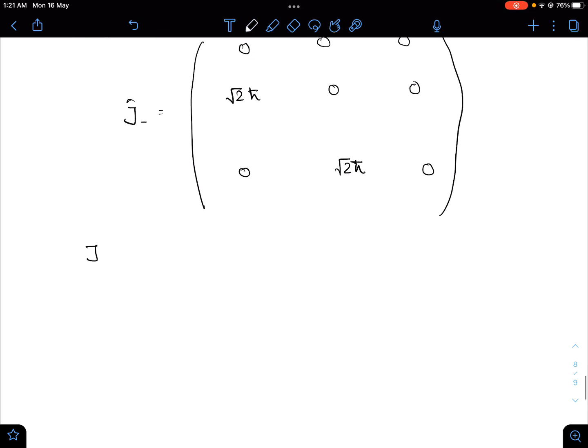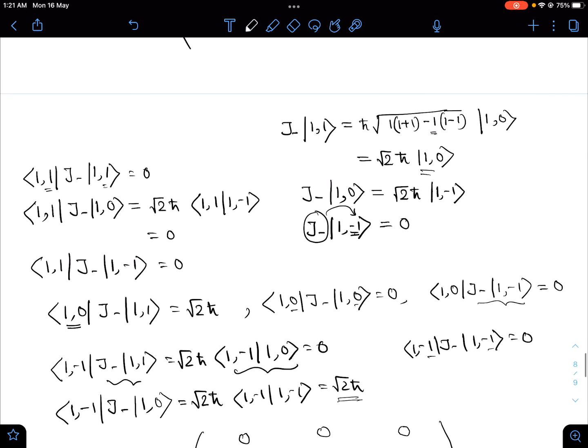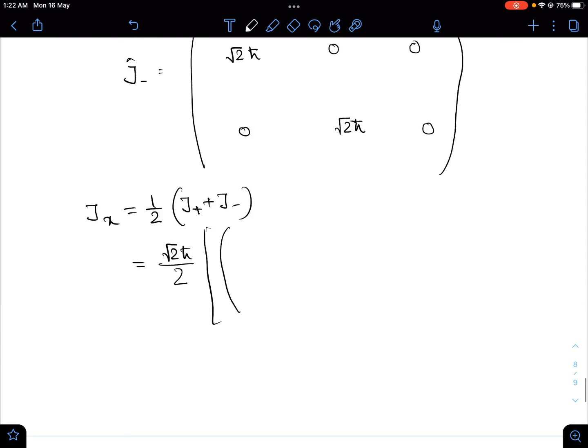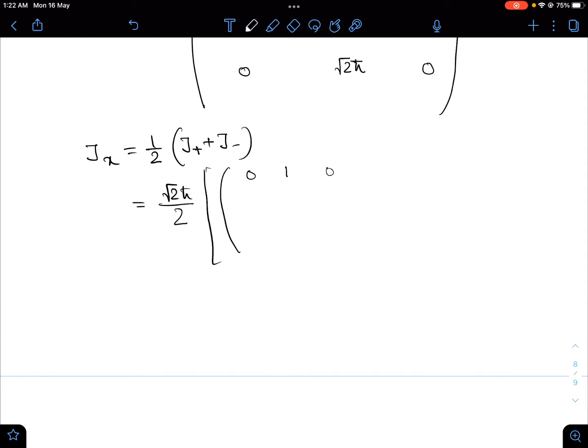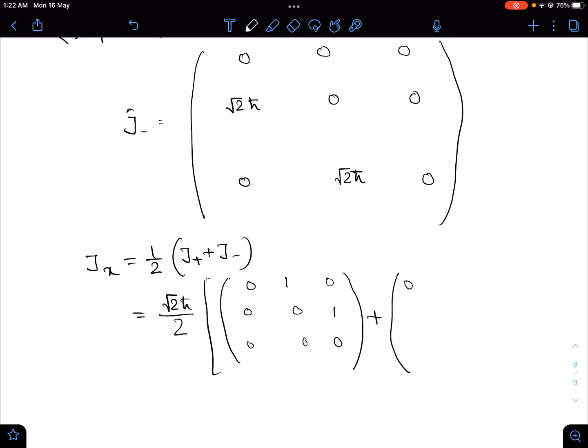So what will be the matrix representation of jx? So jx we know is half j plus j minus. So root 2 h cut we can take common from both j plus and j minus, and we have j plus to be 0 1 0 0 0 1, and we have all terms here 0, and j minus we can write as 0 0 0 1 0 0, and here we have 0 1 0.